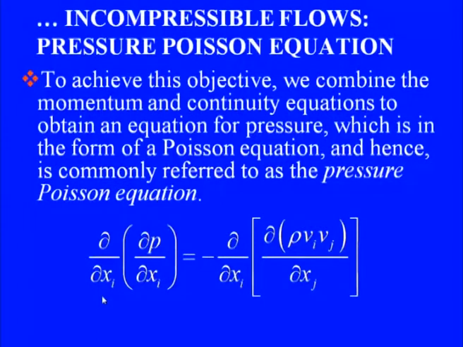To achieve this objective, we combine the momentum and continuity equations to obtain an equation for pressure, which is in the form of a Poisson equation, and hence it is commonly referred to as the pressure Poisson equation. How do we obtain this equation? Let us have a detailed look at it. Let us write our continuity and momentum equations for incompressible flow.